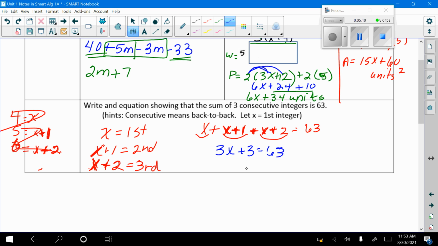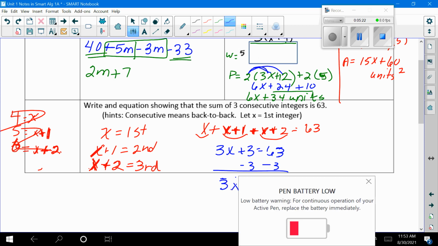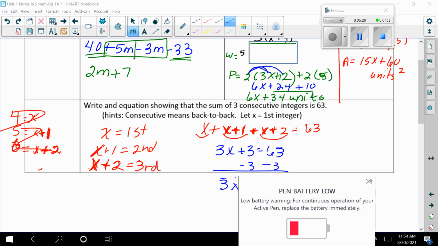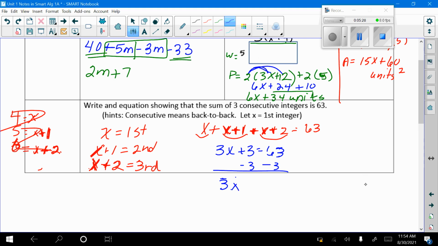Solve the problem and you'll end up with minus 3 minus 3. So 3x, oh, my pen battery is low. Well, once you know. So 3x is equal to 60. Divide both sides by 3.